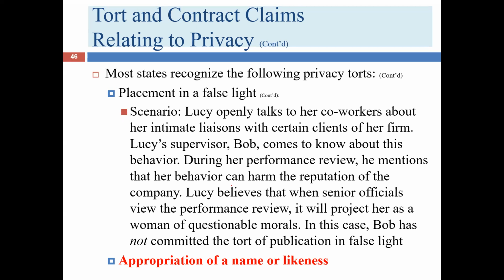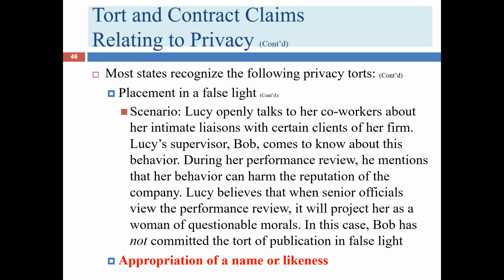But in this situation, no, Bob has not committed the tort of publication in false light. It seems that he has accurately described what Lucy has done. And so, if it's accurate, if it's not misrepresentation or twisting of the facts, then there is no false light publication.